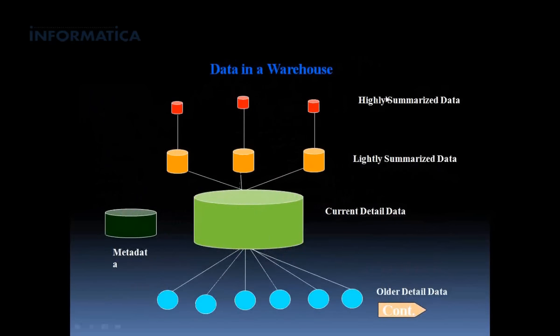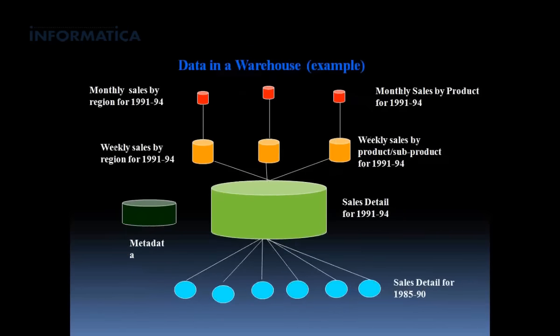A highly summarized level, where the data will be aggregated at the yearly level. When it is lightly summarized, the data will be aggregated at the monthly level, and when it is current detailed data, the data will be at the detail level.